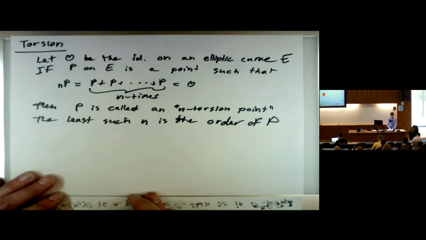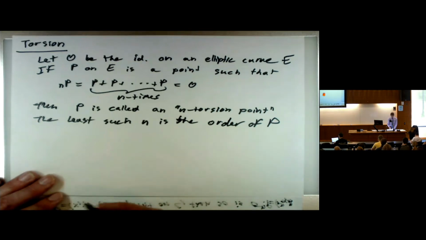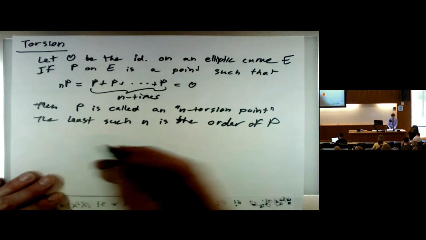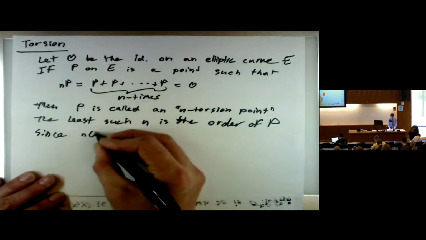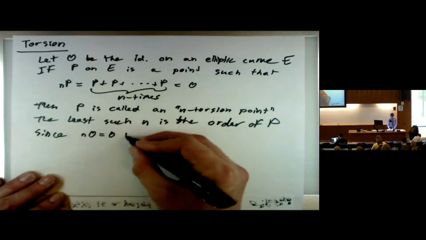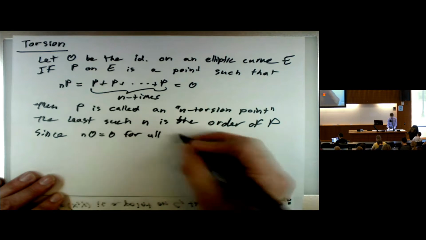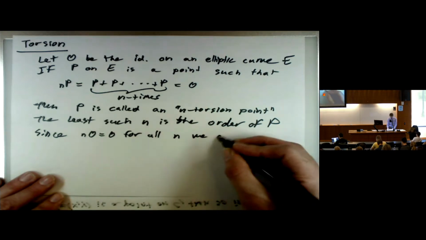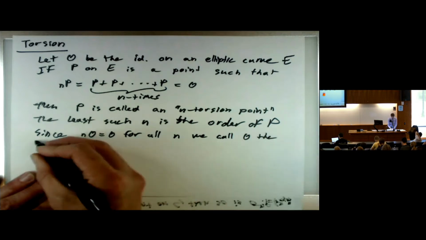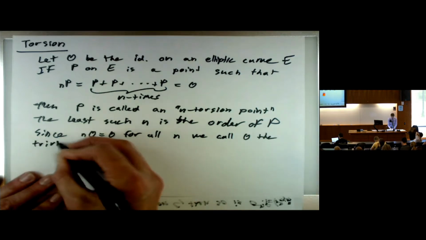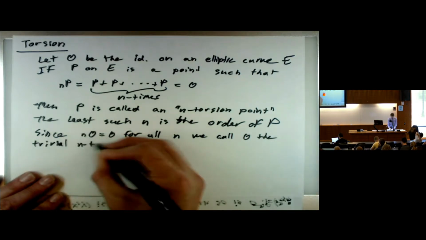So the identity is always an n torsion point, and so, since nO equals O for all n, we call O the trivial n torsion point.